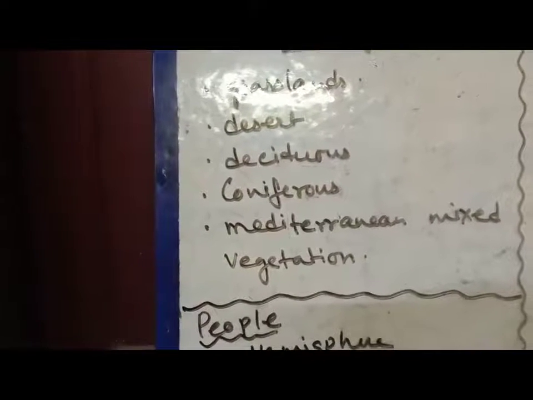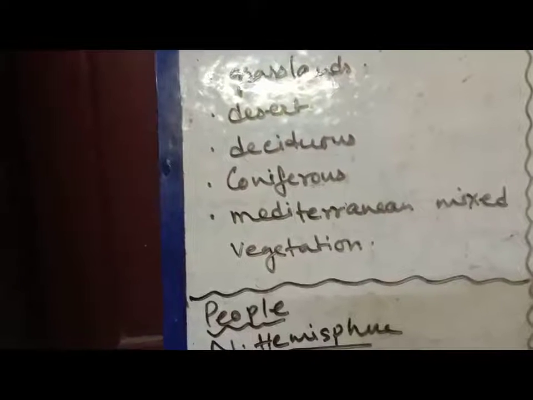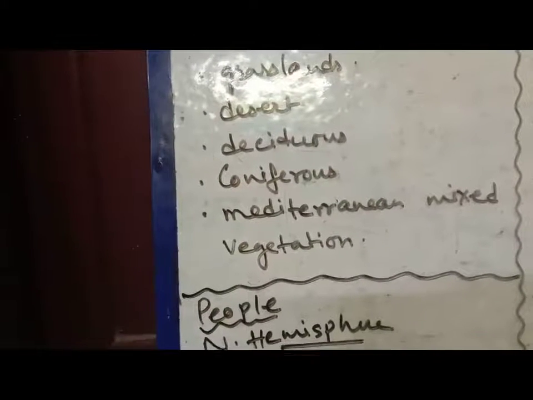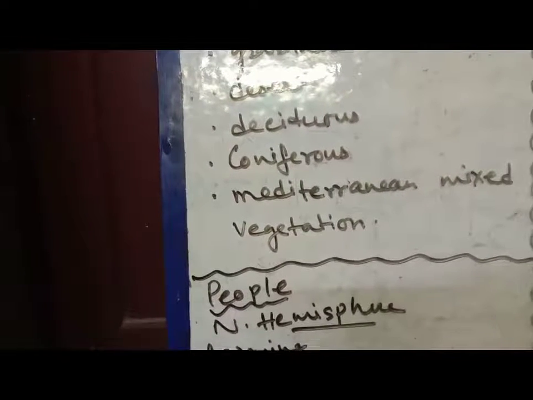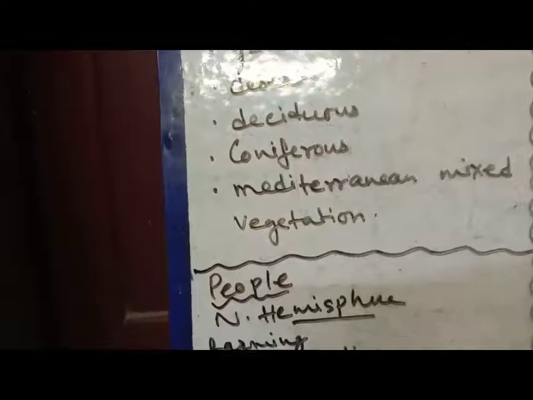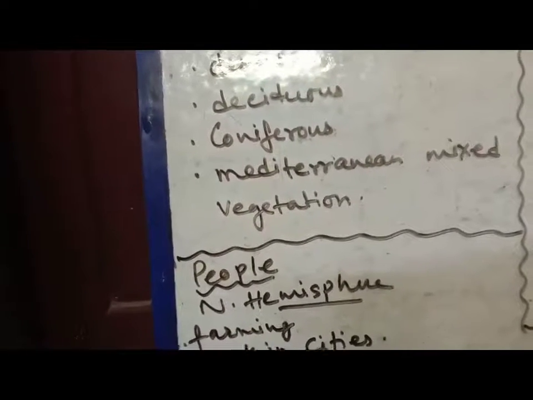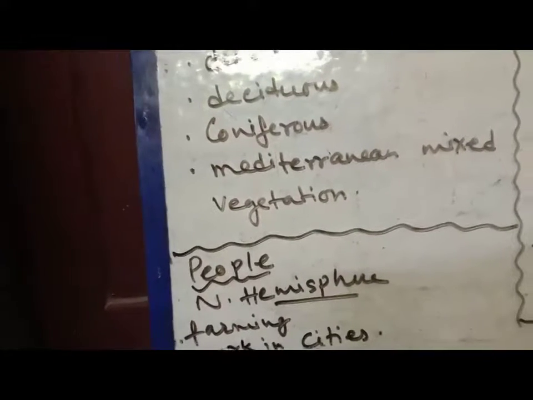So Mediterranean mixed vegetation means we get different kinds of deciduous trees, coniferous trees, and bushes like lavender and rosemary. Different kinds of vegetation, and also different kinds of trees.